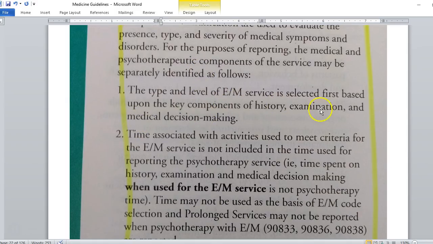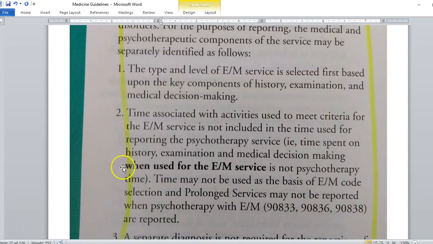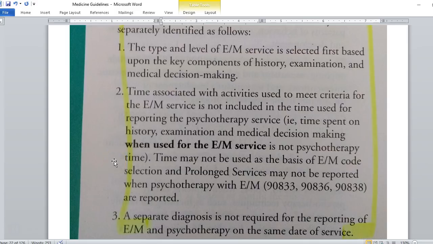The type and level of E&M service is selected first based on the key components of history, exam, and medical decision making, and time associated with the activities used to meet criteria for the E&M service is not included in the time used to report the psychotherapy. Okay, so again, this cannot be part of the medical decision making time spent in general. So again, this is separate.